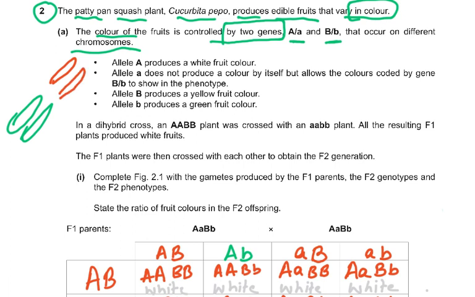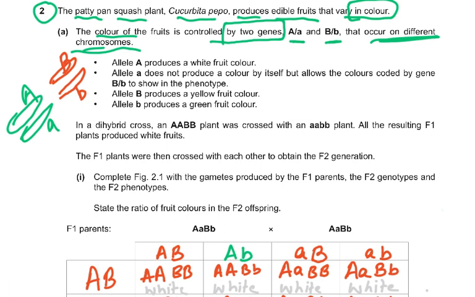Now this is going to show independent assortment, because if they were on one chromosome, then it would be linked genes. So maybe big A is on this one, and small a is on this one, and big B is on this one, and small b is on this one.